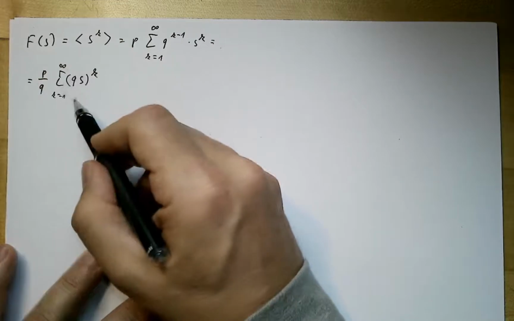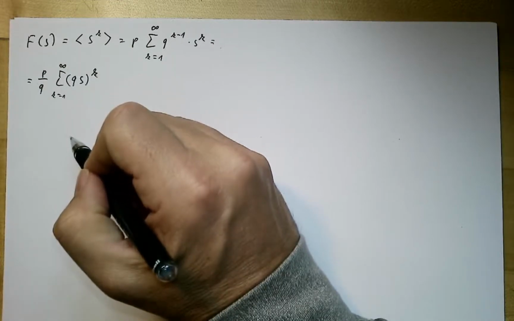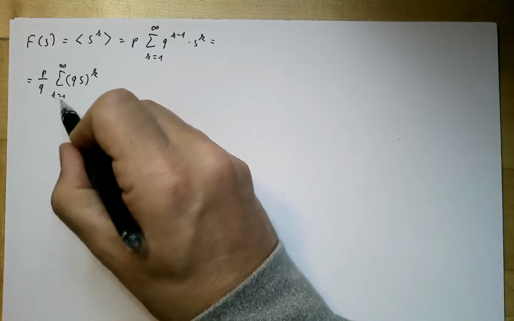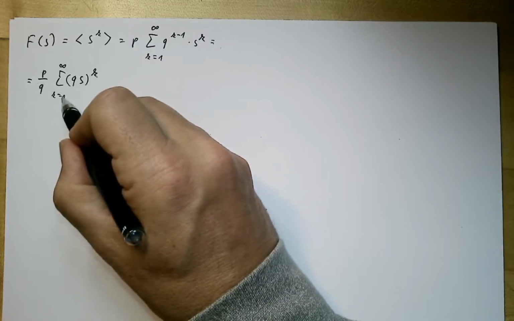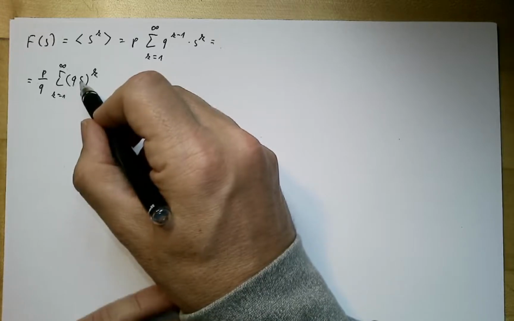Now we would like this again to be a geometric series, but in this case we cannot just forget about the term k equal 1, because for k equal 1 this is not zero.